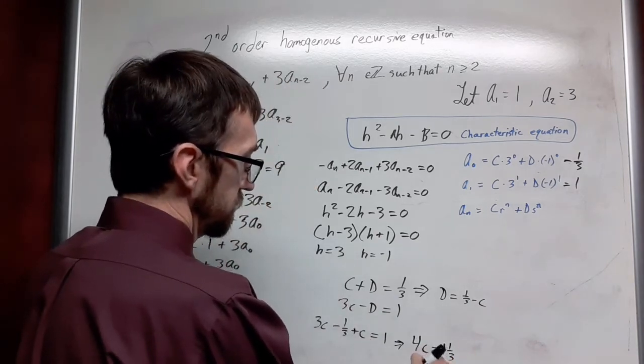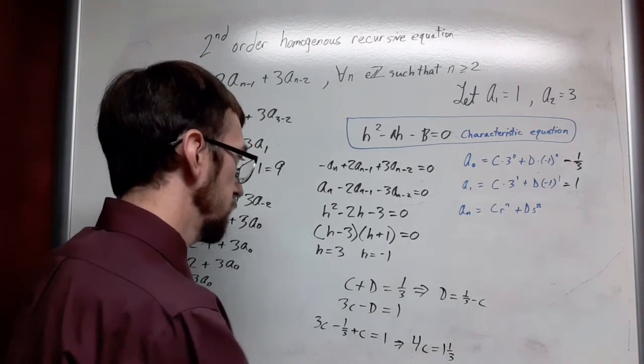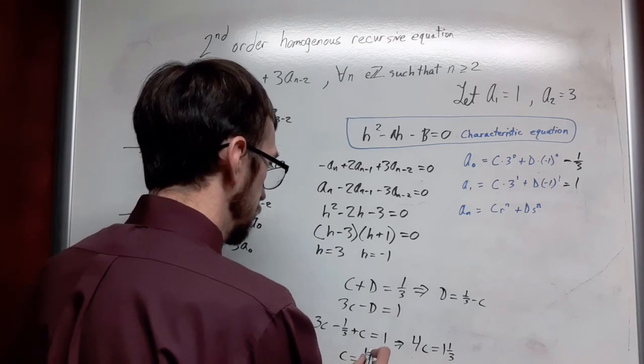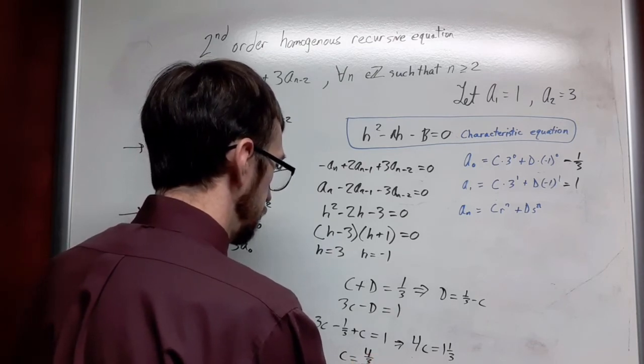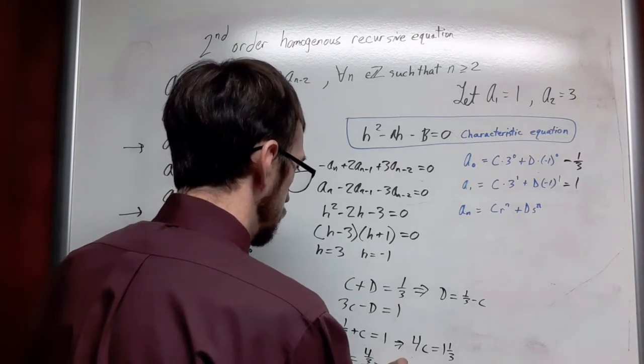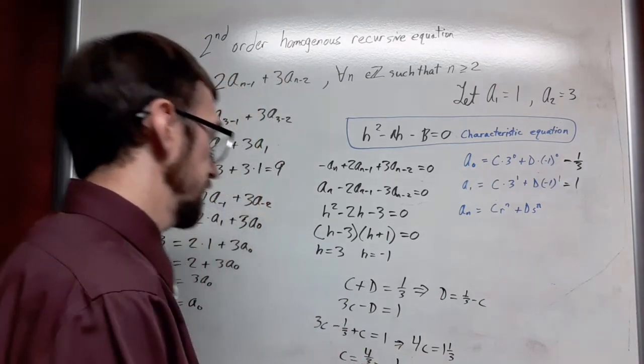And so then I'm going to want to solve for C on this. I'm going to divide both sides by 4. So C is going to equal 4/3 divided by 4. So I'm going to have 1/3 there.